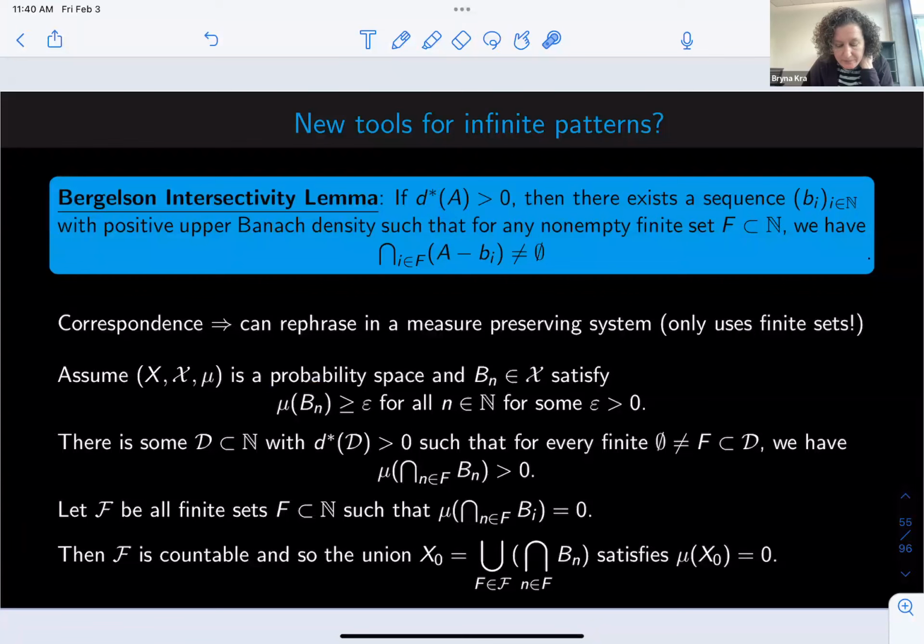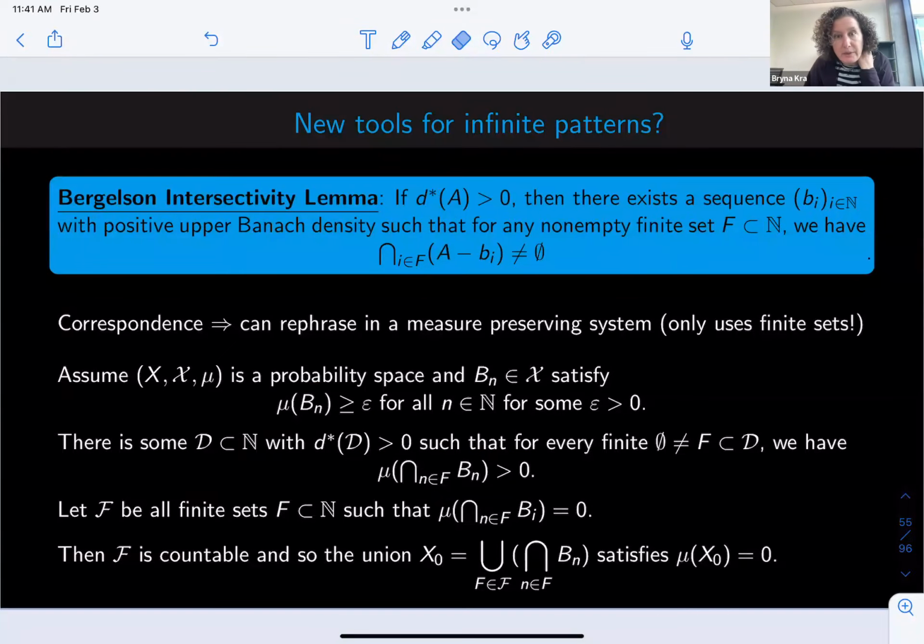What this is saying is you can find the sequence b_i in a subset D with positive upper density, such that the measure of this intersection is positive. So I'm applying the Furstenberg correspondence to the Bergelson lemma statement.